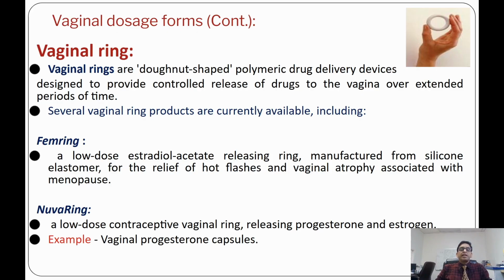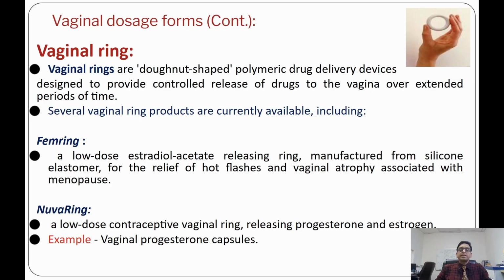Under the vaginal dosage forms, the vaginal rings. Vaginal rings are donut-shaped polymeric drug delivery devices designed to provide a controlled release of drug to the vagina over an extended period of time.